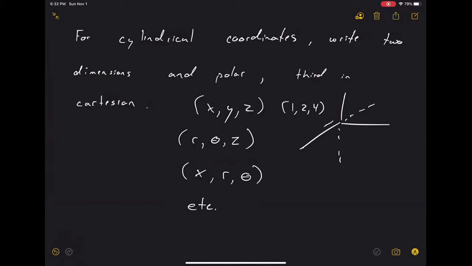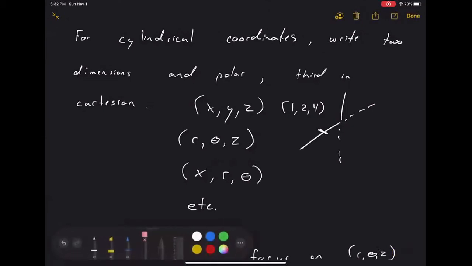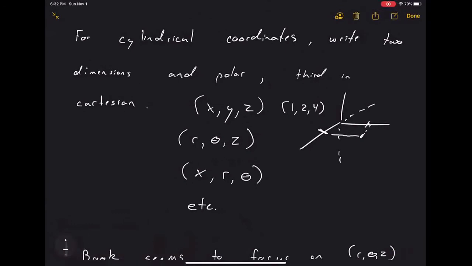Well, I move 1 unit along the x direction, then I move 2 units along the y direction, and then finally I move 4 units in the z direction. And that's my point, right? This is my point 1, 2, 4.